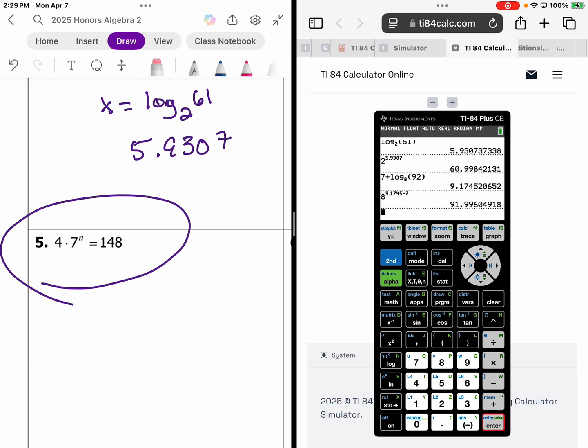So 37 is equal to 7 to the n power. Now I can do log base 7 on both sides. Whatever you do on one side, you're going to do on the other side. Now, that n is an exponent.